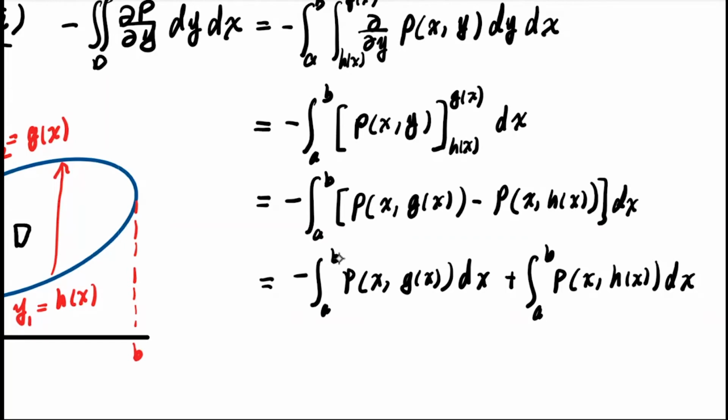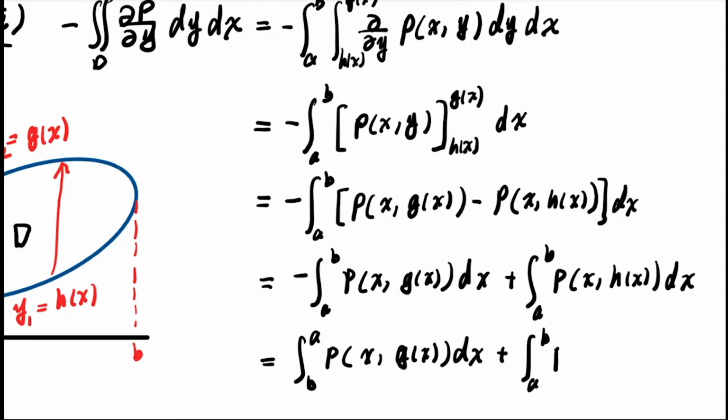Okay. Remember the negative sign on a to b, so I can flip it and make that b to a: P of x and g of x dx, plus from a to b, P of x, h of x. Still with me?